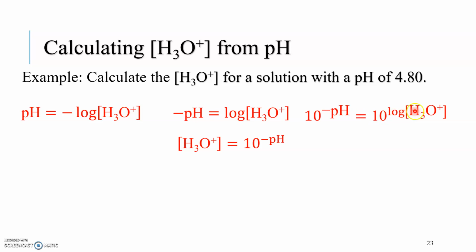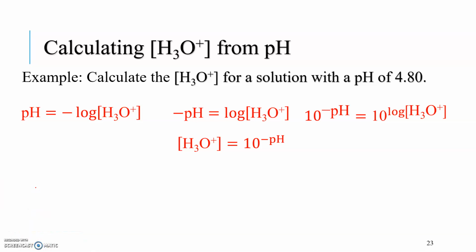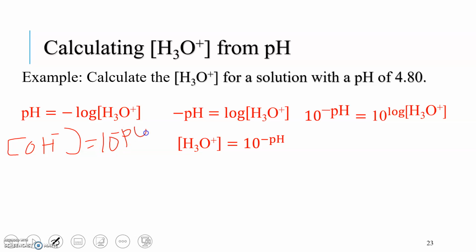If you don't know how to manipulate these types of equations, you simply have to memorize this equation: H3O plus concentration is equal to 10 to negative pH. And for OH minus concentration, OH minus is equal to 10 to negative pOH.